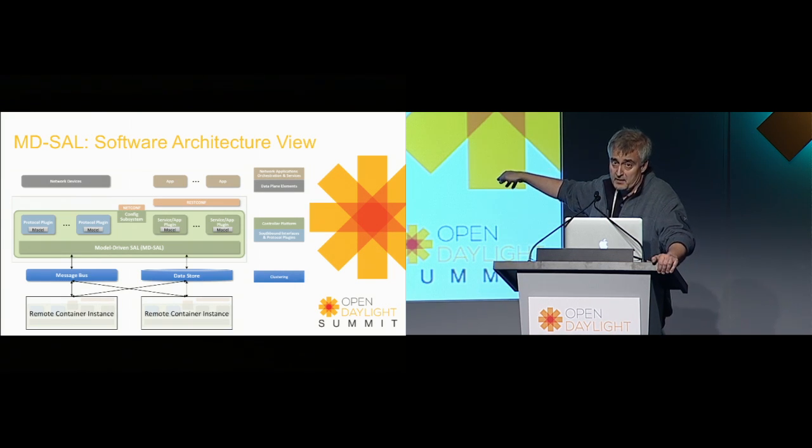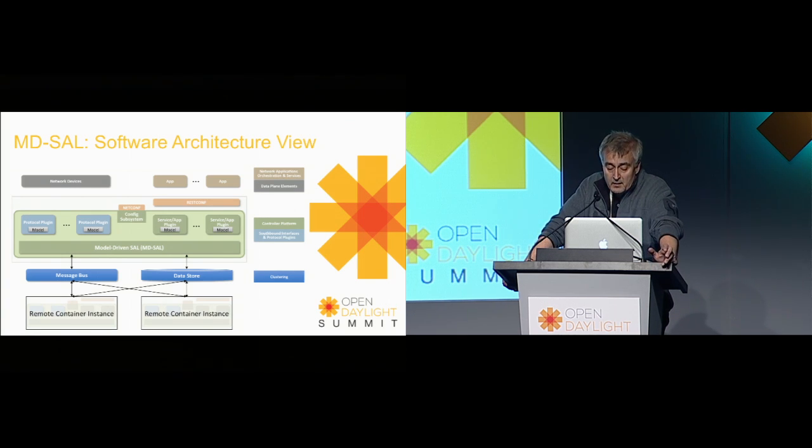in addition to those layers that we talked about and that you see in the architecture presentations. Clustering is yet another layer. In order to implement the primitives that we talked about for the SAL, notifications, RPCs, and data store, we need two clustering mechanisms that will facilitate communication of different containers.